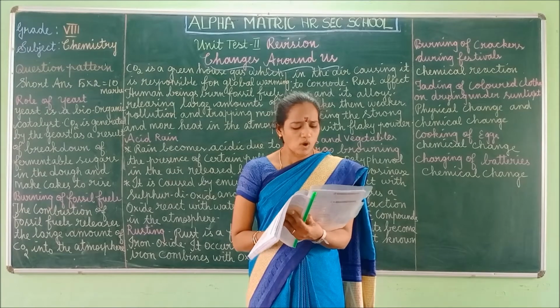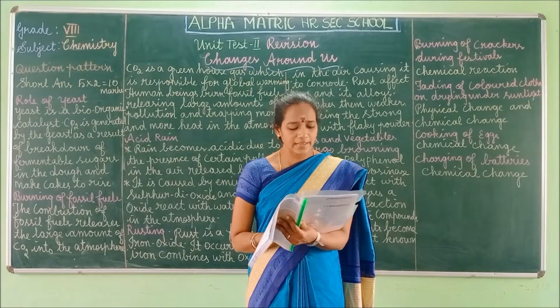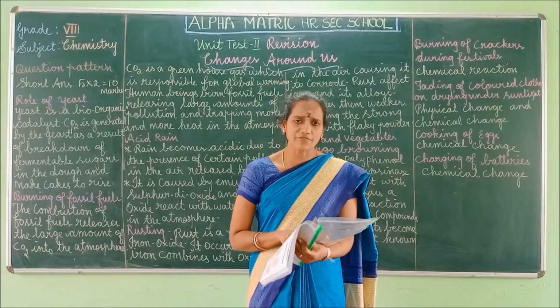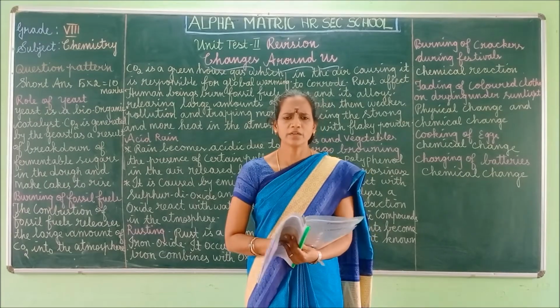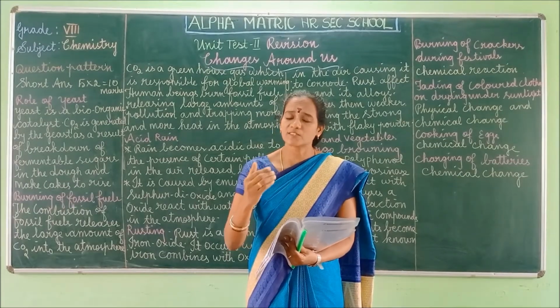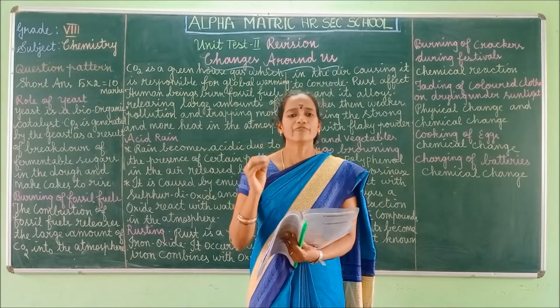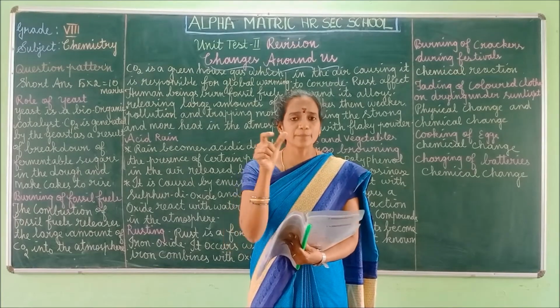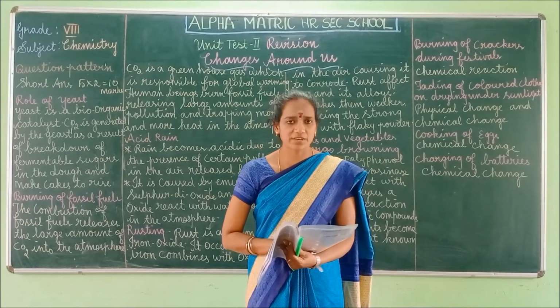Next one, what happens when an iron nail is placed in copper sulfate solution? Here copper is displaced by iron and forms ferrous sulfate. This is the main concept behind this question.